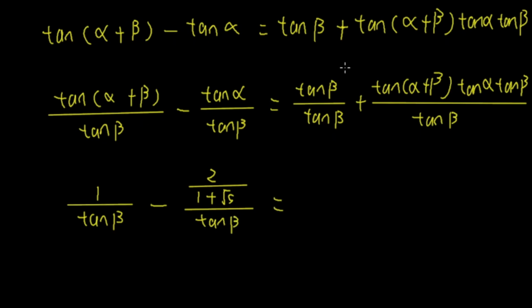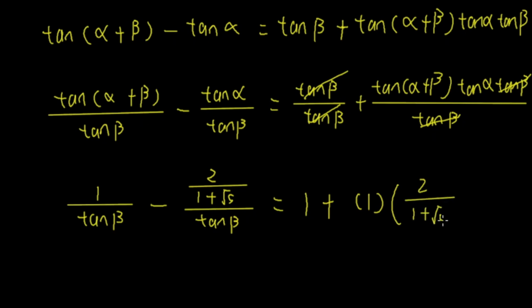And that is equal to, now, this and this cancel out, and that's equal to 1. Plus, and tan beta and tan beta cancel out. All I'm left with is tan alpha plus beta times tan alpha. And we know that that's equal to 1 times tan alpha, which is 2 over 1 plus square root of 5.